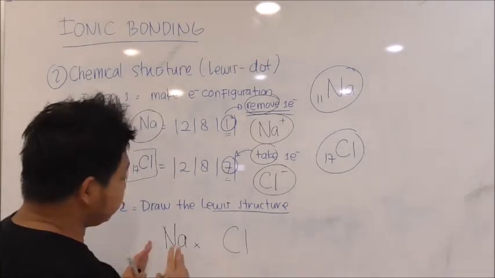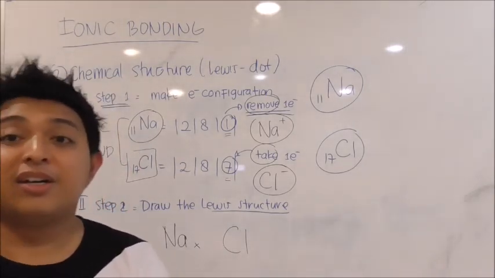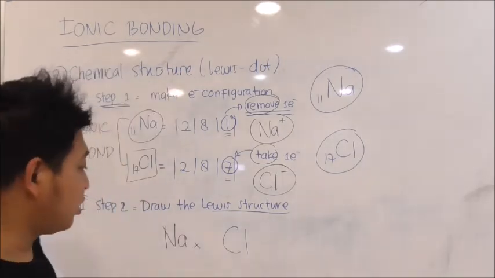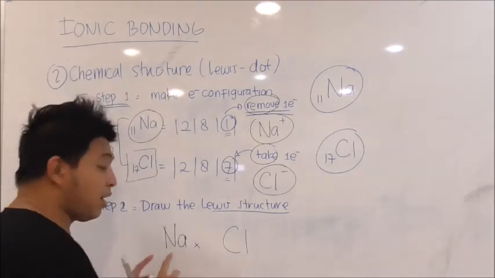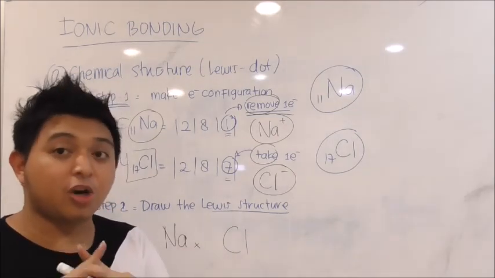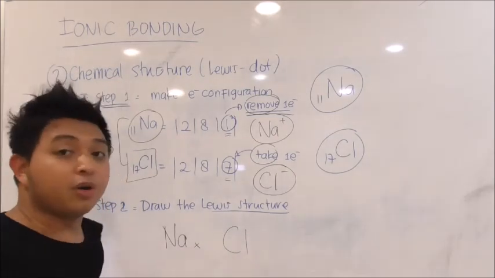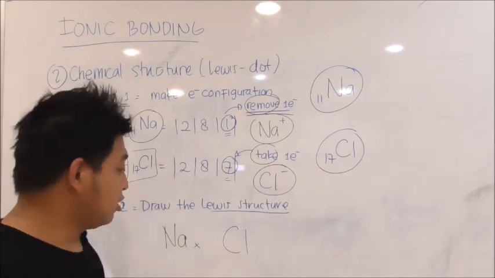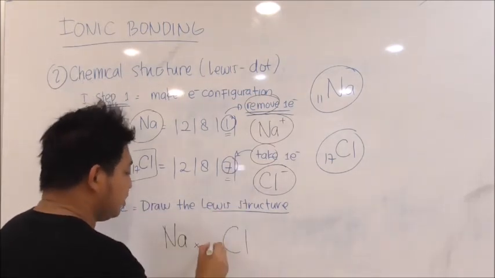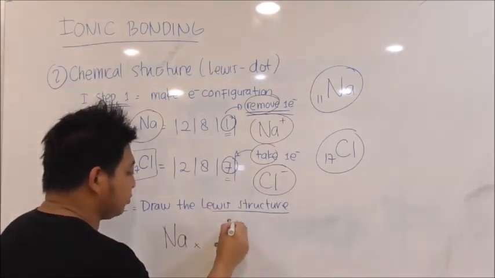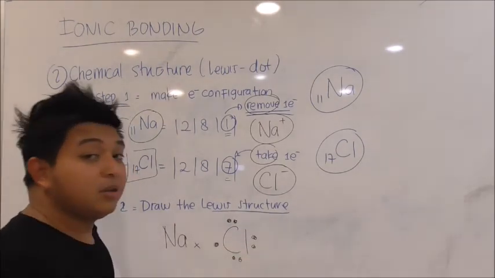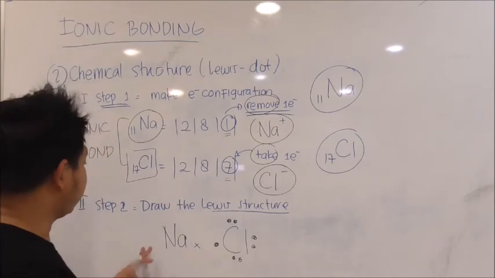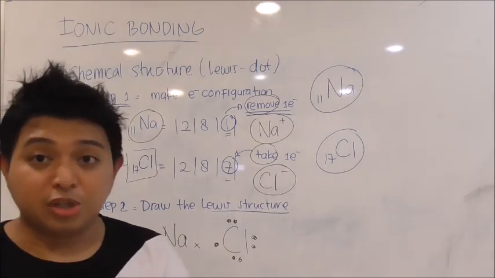Because sodium and chlorine are different, it's better to use different symbols. For sodium, I use a cross symbol. For chlorine, I use a big dot. So I put 7: 1, 2, 3, 4, 5, 6, 7. So this is the Lewis structure of sodium and chlorine.